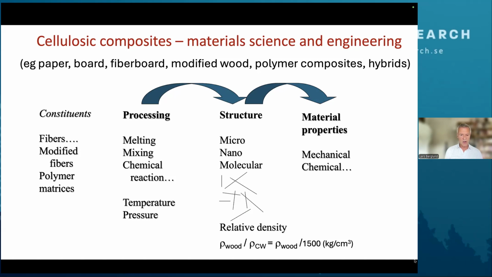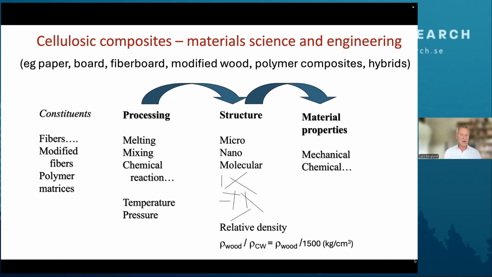Structure traditionally has been studied by microscopy, but of course with chemical products, you need all kinds of chemical characterization methods as well. And we can do this at different scales. I would say that a very important parameter when we deal with the cellulosic materials is relative density, which is the same as volume fraction of solid material.